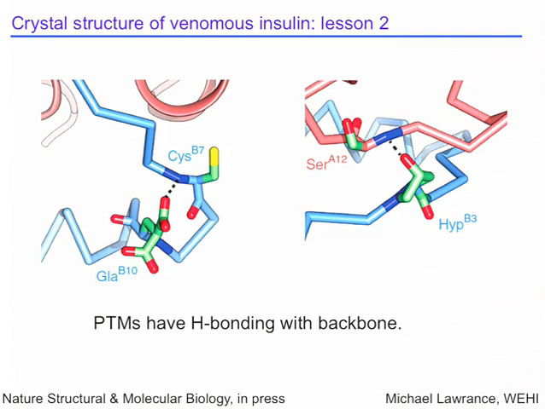The second lesson we learned is that we still don't know whether PTM can really do anything with the receptor itself, but we do see some more interaction due to PTMs with the backbone, creating more stability for the snail insulin. And this is quite interesting.